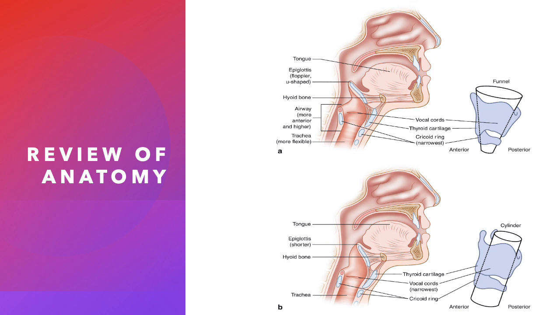So, as you can see in this diagram, the pediatric airway is funnel shaped with the cricoid ring or the subglottic area being the narrowest part, whereas the adult airway is cylindrical and the narrowest part of the adult airway is at the level of the vocal cords.